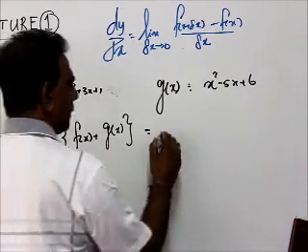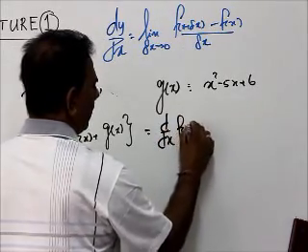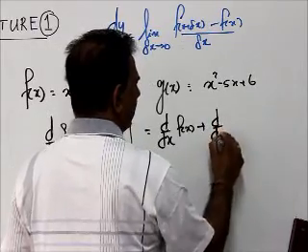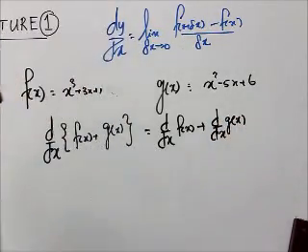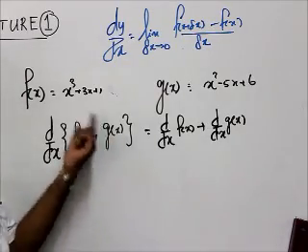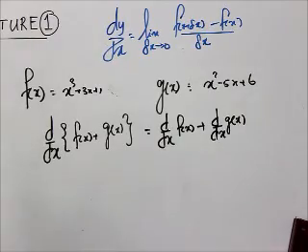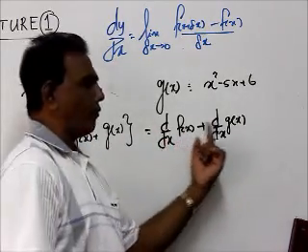So the result is d by dx of f of x plus d by dx of g of x. So separately you can differentiate. So the differentiation of a sum of functions is equal to the sum of the differentiations.